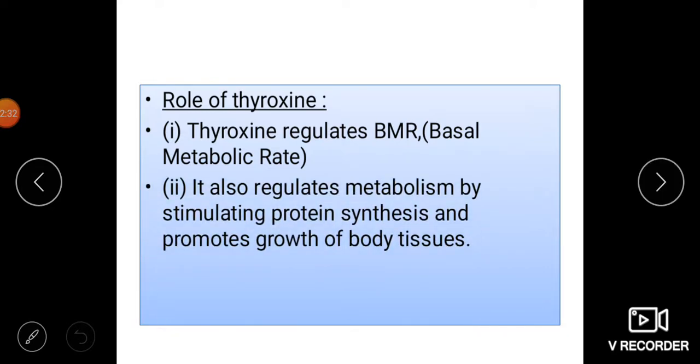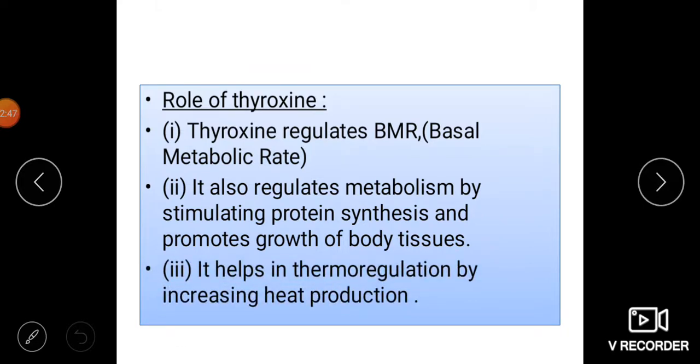It also regulates metabolism by stimulating protein synthesis and promotes body tissues. It promotes body growth and development by promoting the production of proteins as well as tissues. It helps in thermoregulation by increasing heat production.